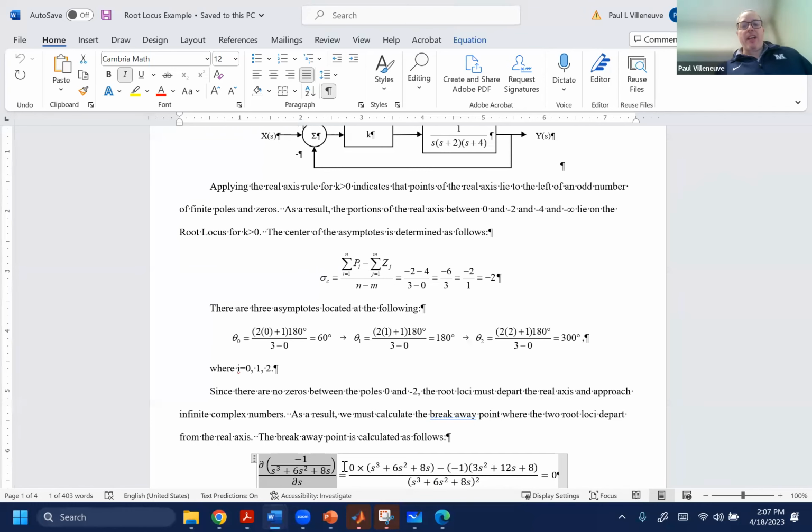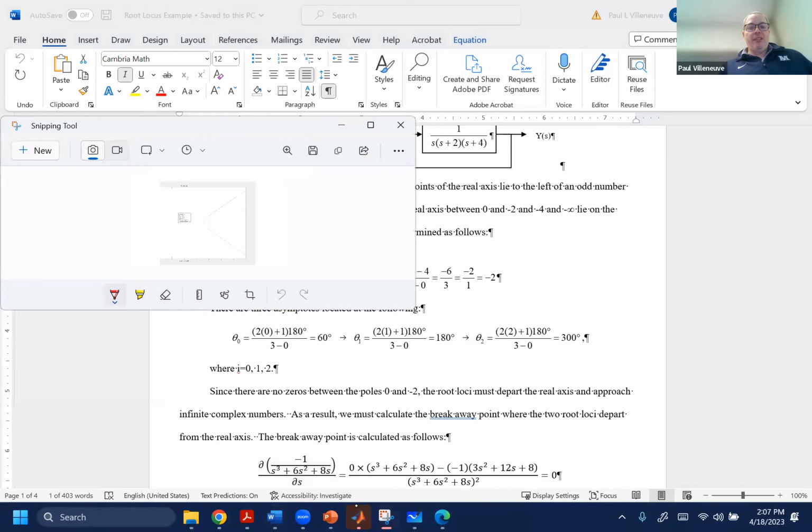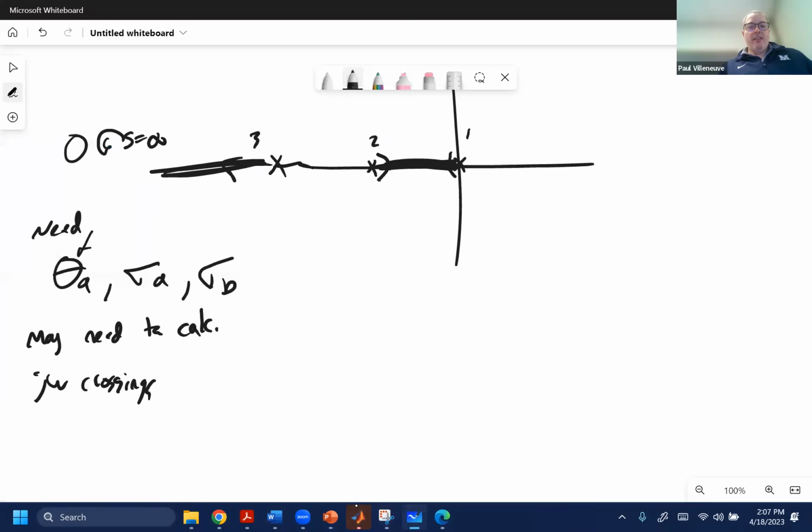I'm glad I have one at 180 because if I look back over here at the whiteboard, I know that there has to be an asymptote that approaches s equals infinity, way over there to the right, correct? So this angle here is 180 degrees. The other two are going to start at -2, which just happens to be here, and they go up and down at 60 degrees.